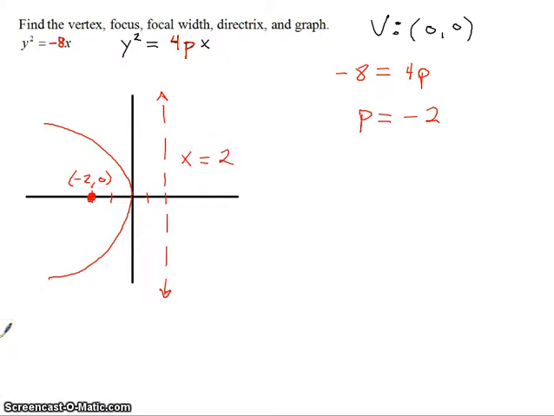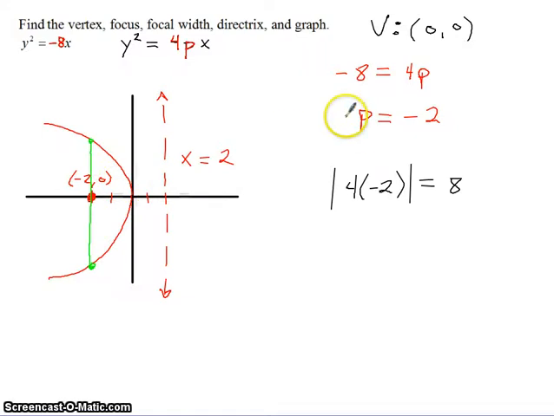Alright, the focal width, remember, is the distance from one end of the parabola to the other end of the parabola that goes through the focus. So to find that focal width, we need to take the absolute value of 4 times p, and that gives us the focal width. So it's going to give us a negative 8, and then we take the absolute value to get a positive 8.